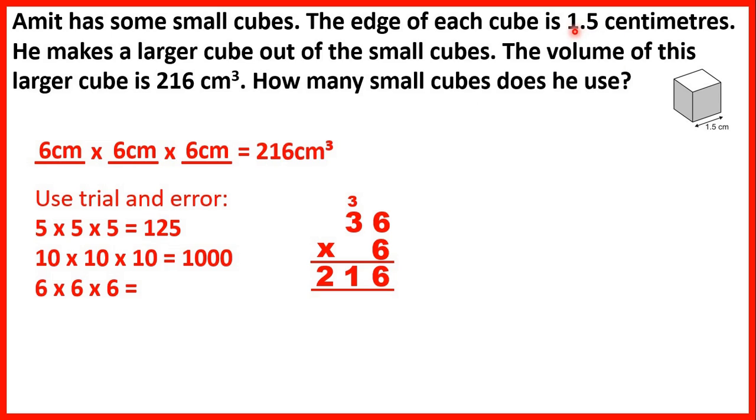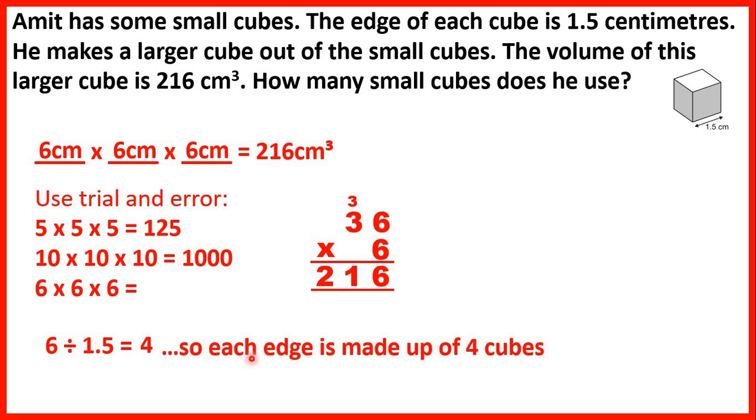So how many 1.5 centimetre cubes do you need to make an edge of 6 centimetres? Well, 6 divided by 1.5 is 4, because 4 times 1.5 is 6. 1.5 plus 1.5 is 3, plus another 1.5 is 4.5, plus another 1.5 is 6.